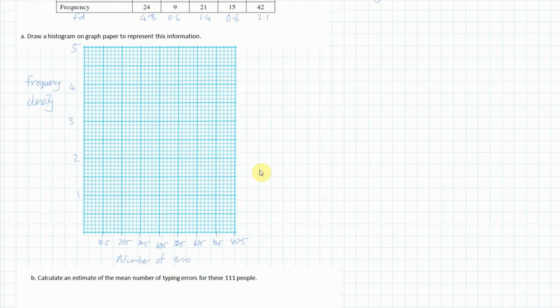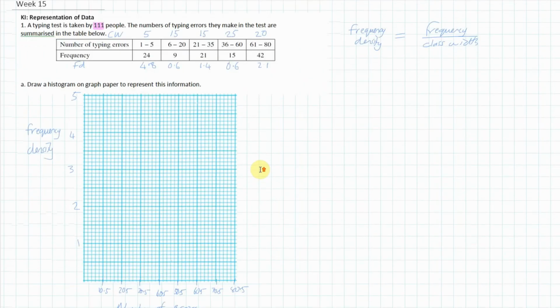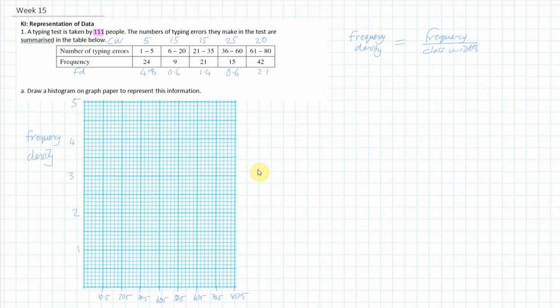The first one is 1 to 5, so it's approximately going to be in here somewhere, and we've got a very skinny bar, and that's going to be up to 4.8. So we drop that bar down.